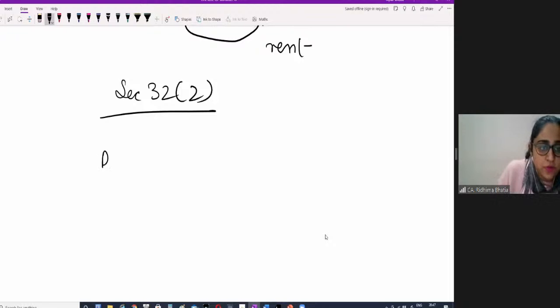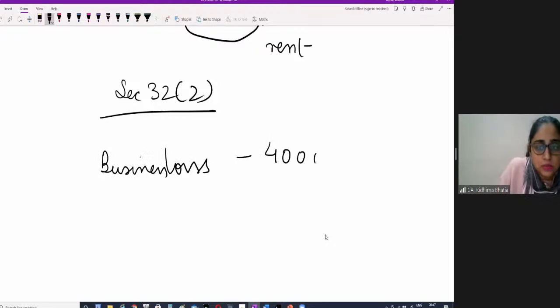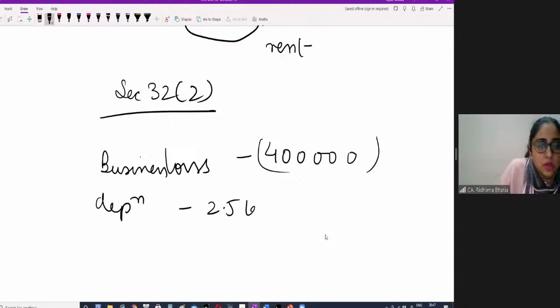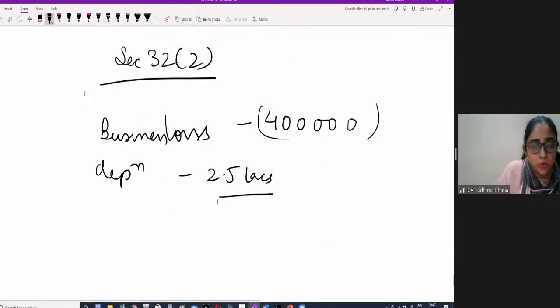Now, suppose you have a business loss during the current year of 4 lakhs, in which depreciation charged was 2.5 lakhs. Now, as per income tax, what will you do?